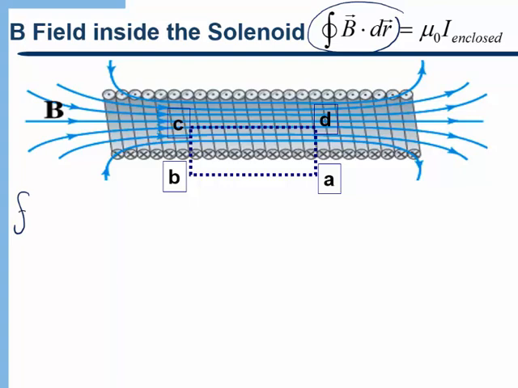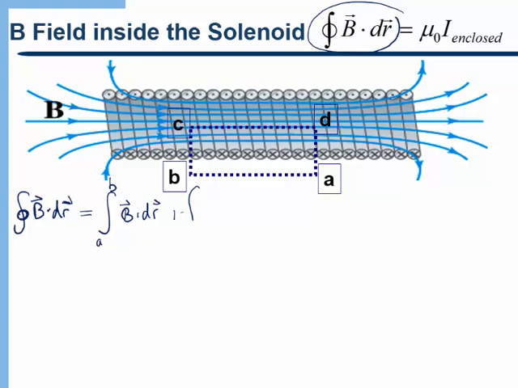So the integral of B dot dr, remember what the closed loop means: I have to start at one point, go along a path, and get all the way back to the same point on the path. Okay, so I'm going to break this down and say I'm going to first integrate from a to b of B dot dr.